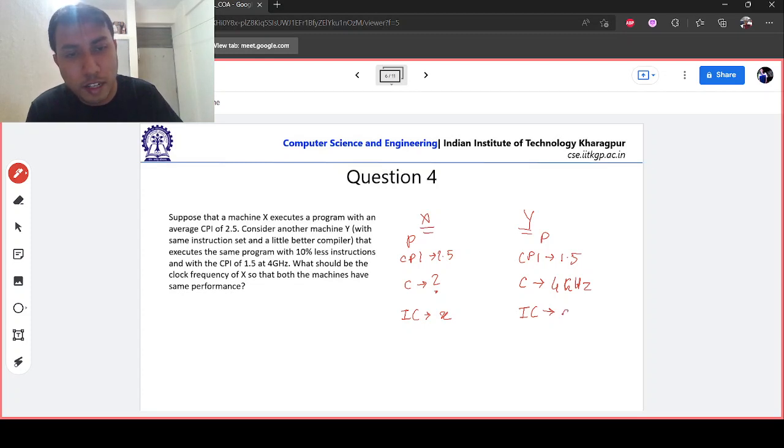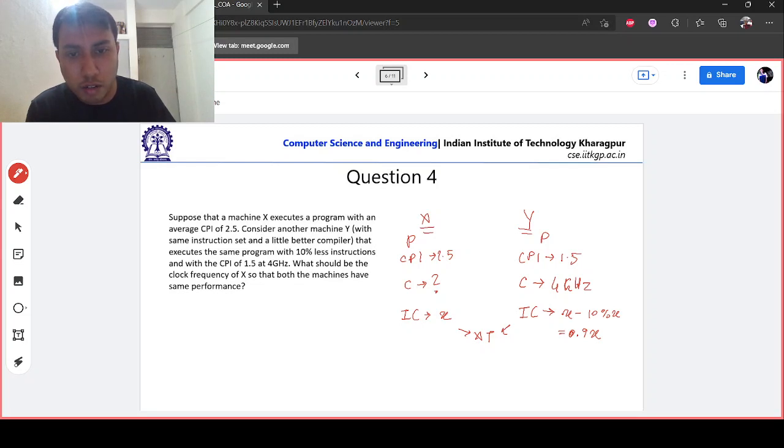So 10% less means 1 minus 10% of x, so it will be basically 0.9x. It is said that the execution time is the same, that is xt of this and this are equal.